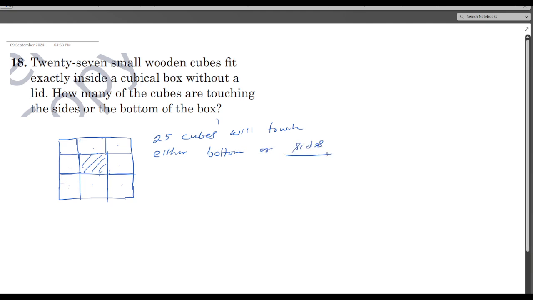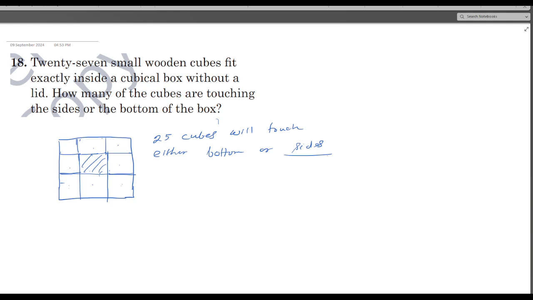Now if they ask me how many cubes touch the sides, then my answer will be 24, because this one central cube is touching the bottom but it is not touching the sides. So your answer for question number 18 is 25.